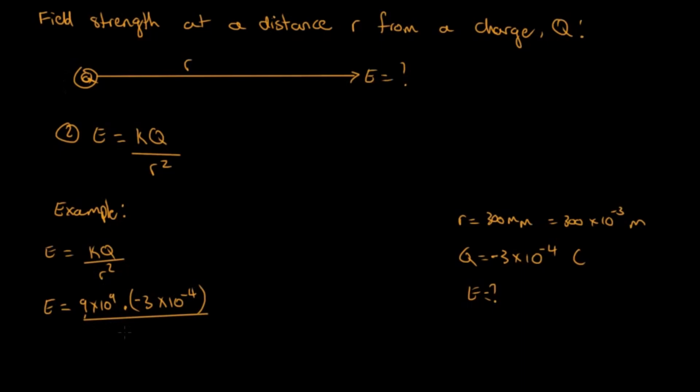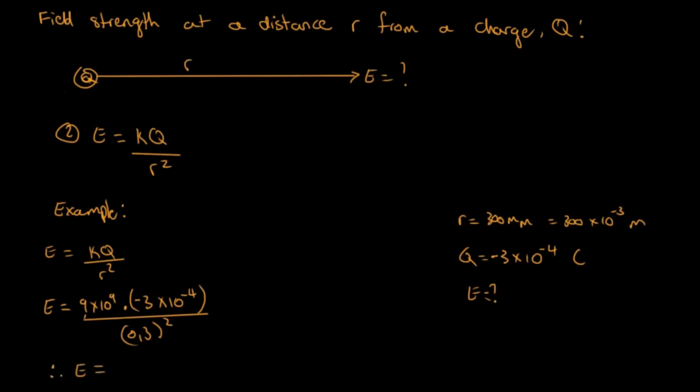This one's a little easier because we've got zeros. 300 times 10 to the minus 3 is basically 0.3, so I write 0.3 all squared.